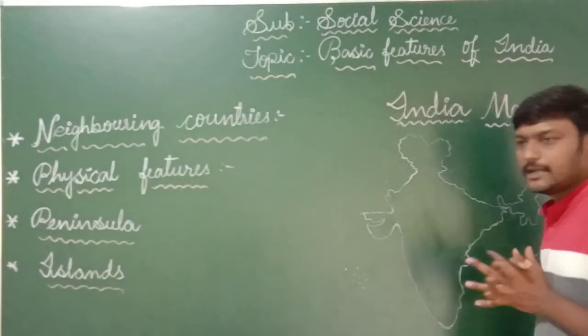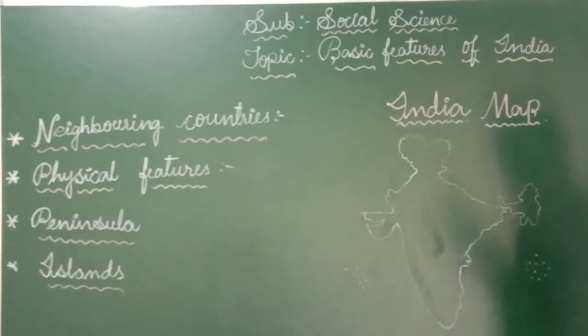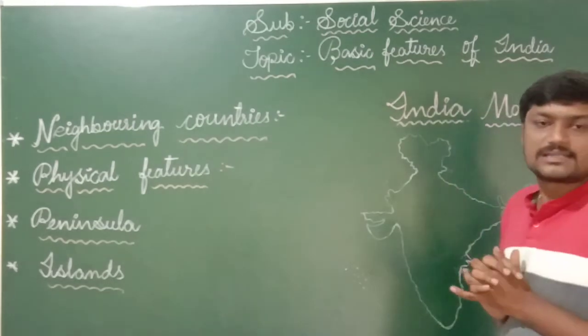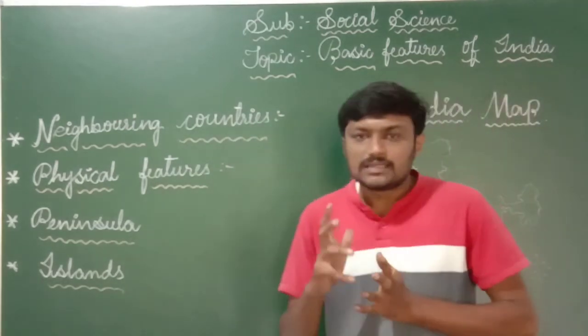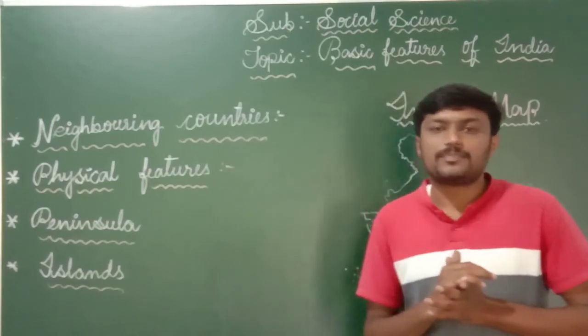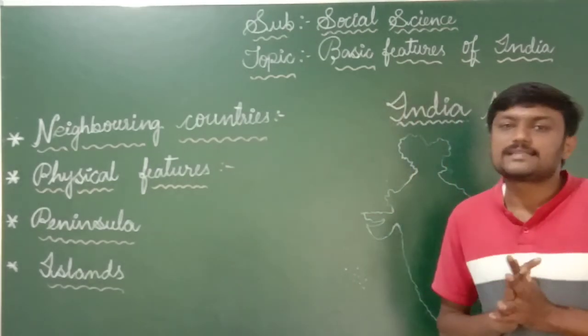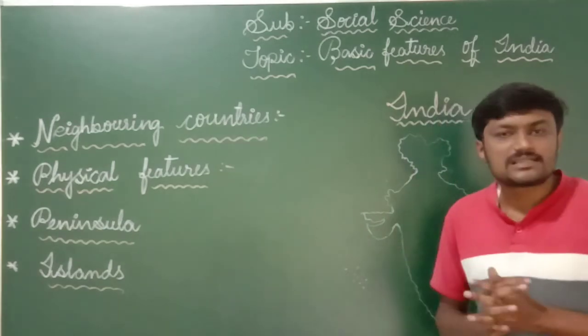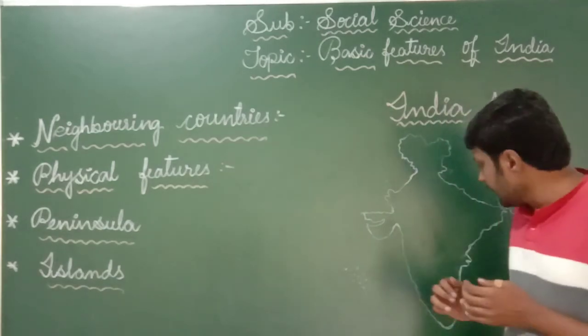See, Andaman and Nicobar and Lakshadweep are the 2 major islands which are located in our India. Islands mean a large or very small land space which is completely surrounded by water bodies. Such land spaces are called islands.